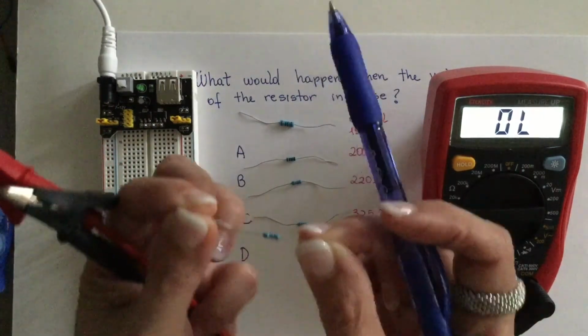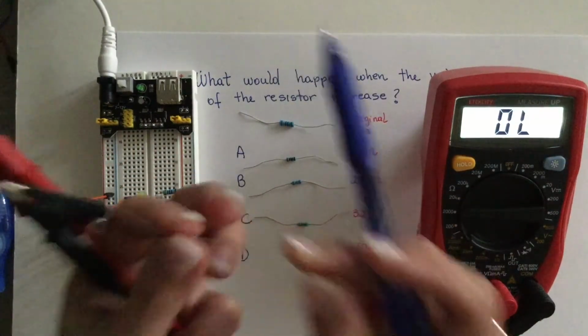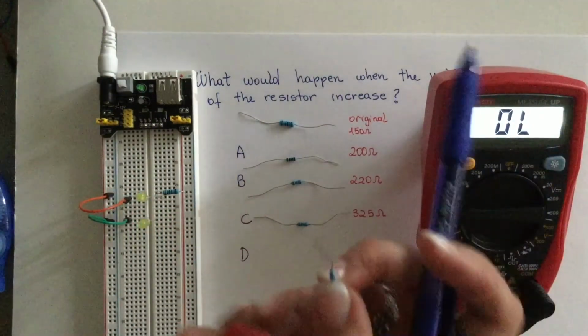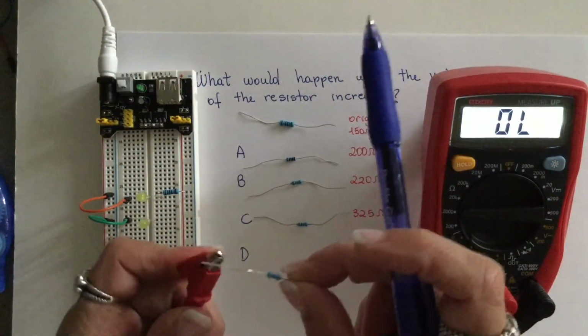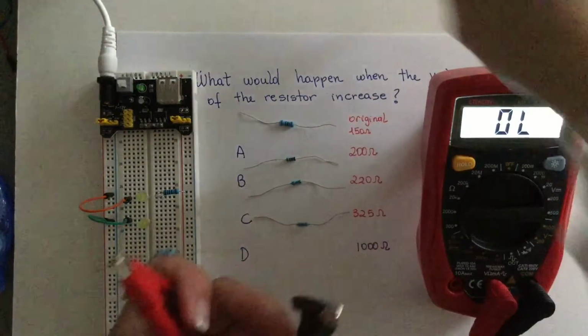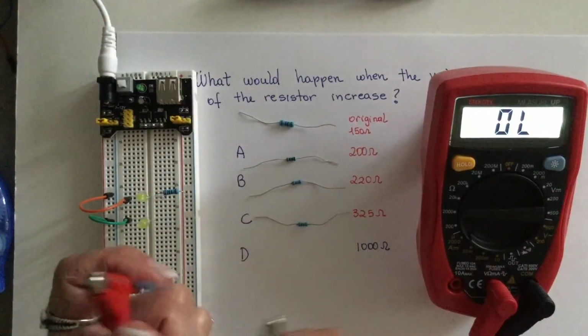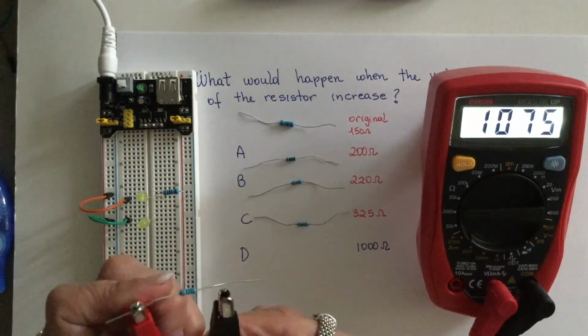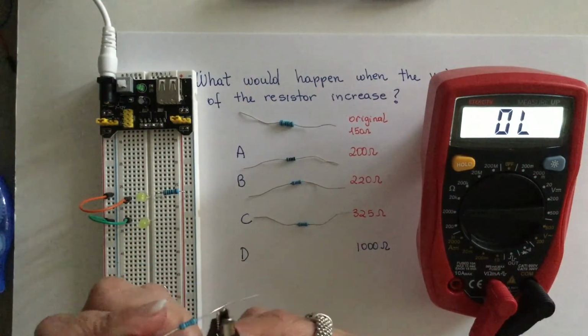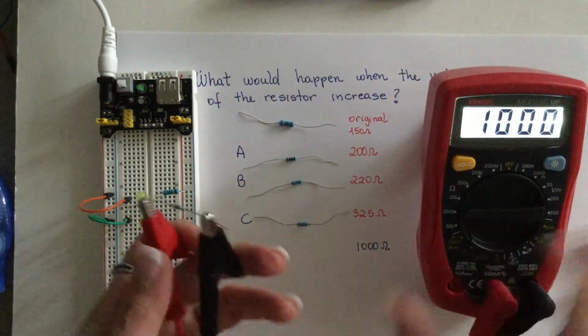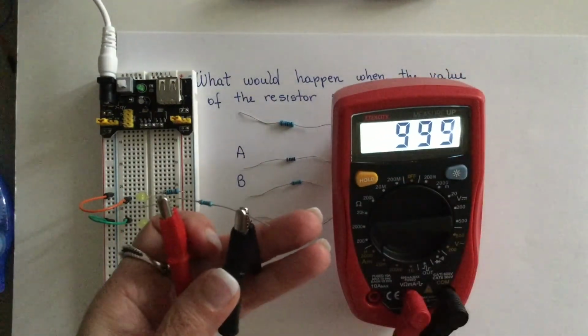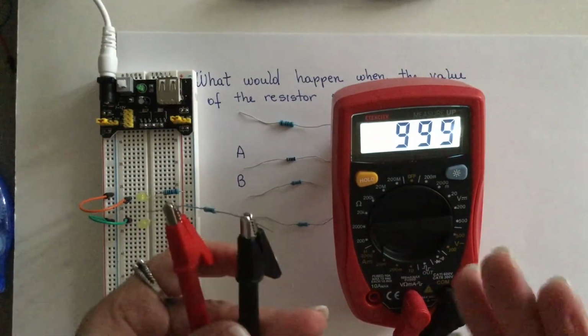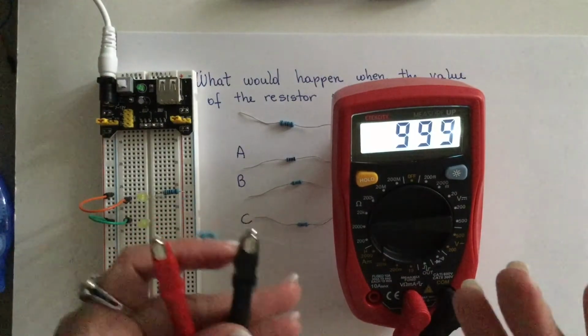So I have this resistor that is 1,000 ohms. So let me check the value here. 1,000. It's hard to see in the dark here. So the value is 1,000.